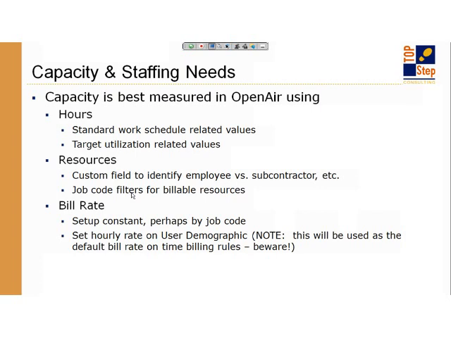Okay? My beware statement is if you do set this rate, it will get picked up as the default billing rate if you do not set billing rates for all resources on your time billing rules. So just be aware of that. For those of you who worked with us before, we like to make sure that this value is usually 0 because it's easy to find missing people from time billing rules. But the hourly rate field is your default bill rate.